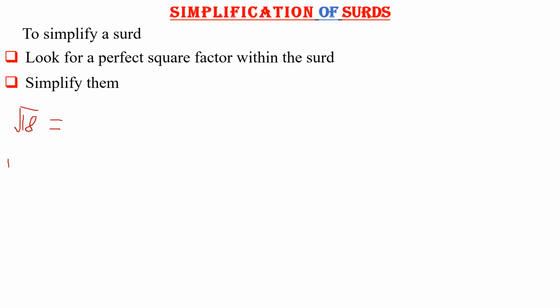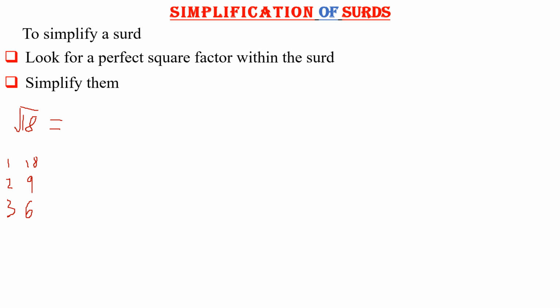So let's list the numbers. We have 1 and 18 itself. We also have 2 and 9. We have 3 and 6. And that is all.